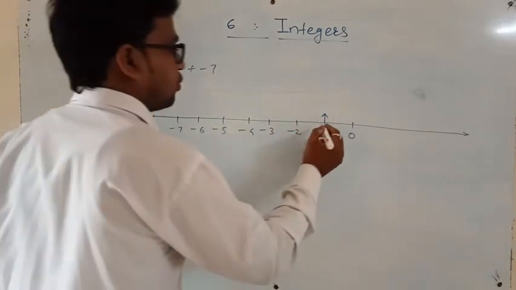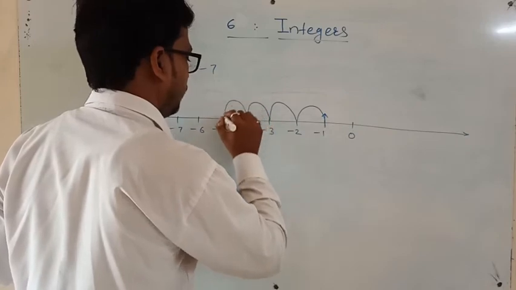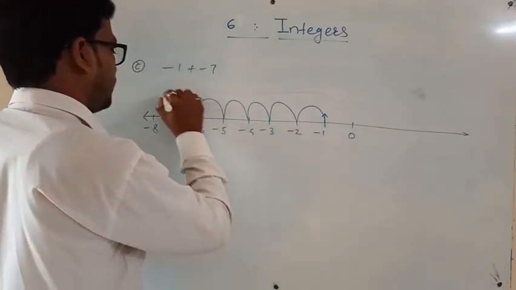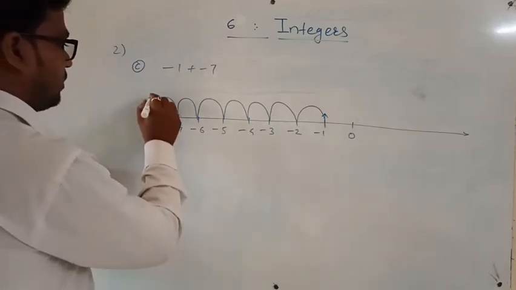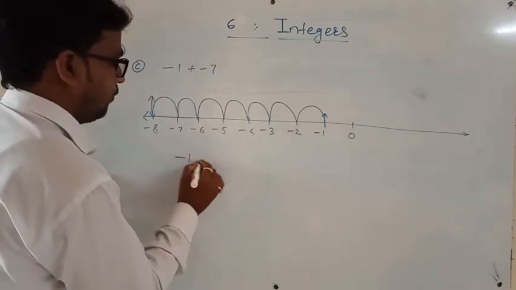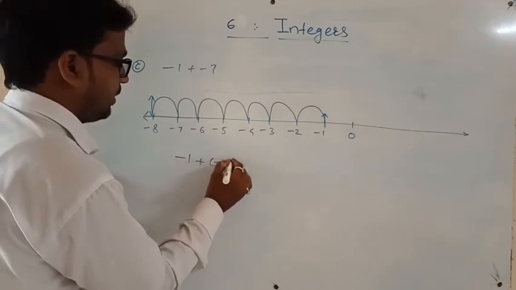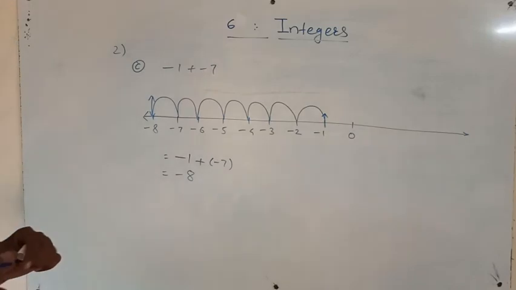So what do we get? 1, 2, 3, 4, 5, 6, 7 places. We have to move 7 places. So the answer is negative 8. So negative 1 plus negative 7 equals negative 8.